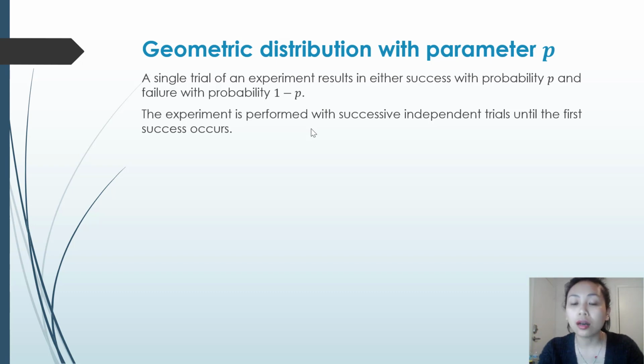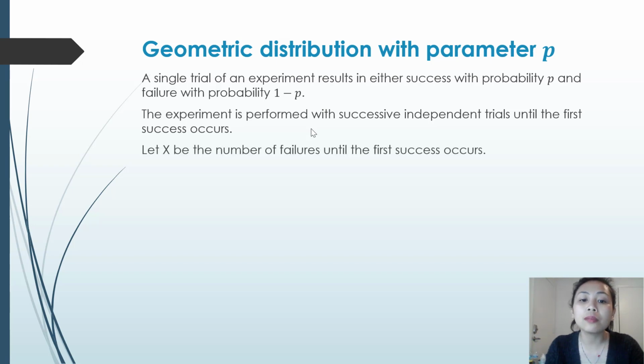That means the number of independent trials is given, and we define the number of successes. But in geometric distribution, we don't know how many times we have to perform the independent trials, but we keep performing the trials until we get the first success.